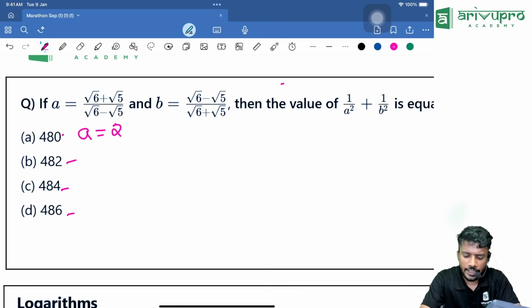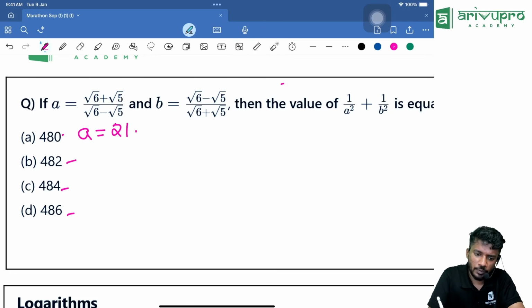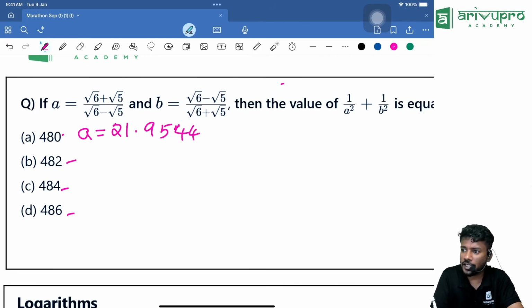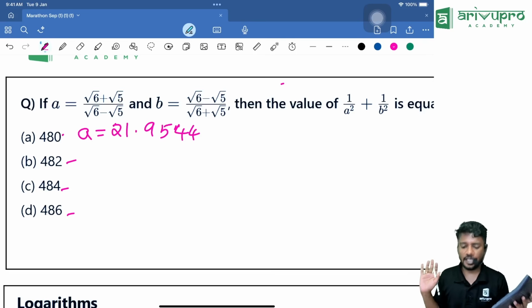How much did you get, 21.954451 something? 21.9544. Let it be 21.9544.